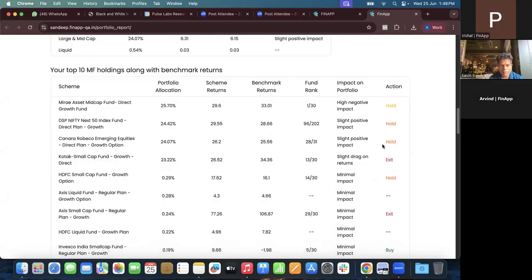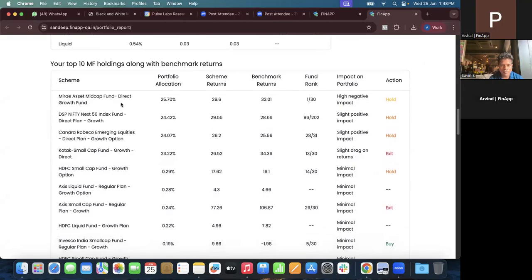This is another very beautiful part which we have. Top 10 mutual funds, allocation in your portfolio, that portfolio which we shared. The scheme, what has it returned? What is the benchmark during that same period? What is the fund ranking? Impact on portfolio. And we are also telling you what to do with that. It is just a suggestion.